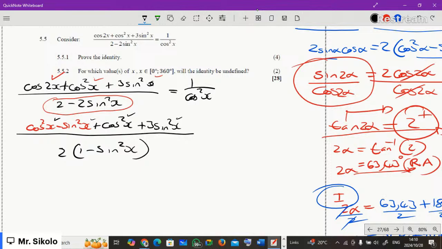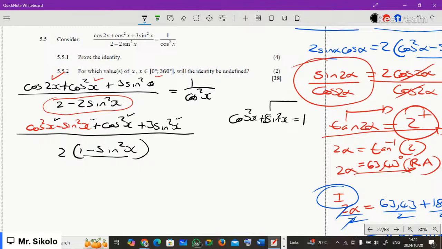Okay. So now you know ukuba u-cos squared x plus u-sine squared x ulingana no-1.